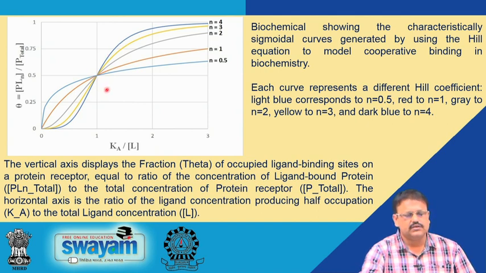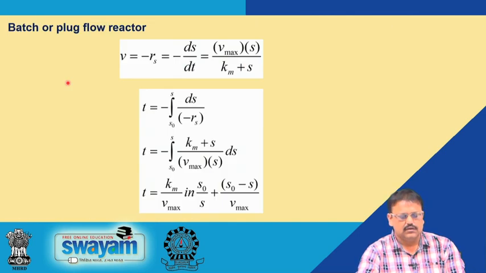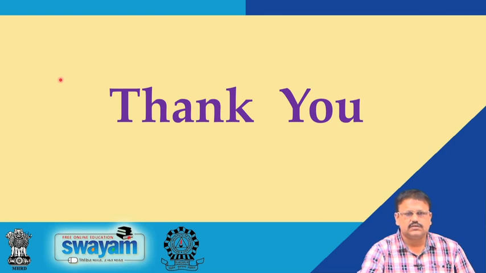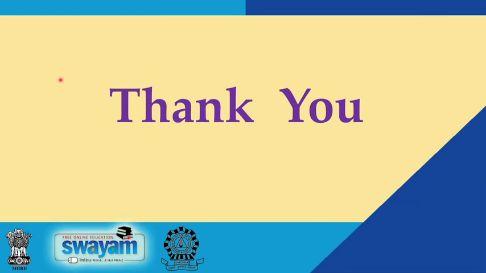If we plot it with the Michaelis-Menten equation, the kinetic parameters will not be accurate, so different parameters will be calculated from the Hill equation only. Thank you.